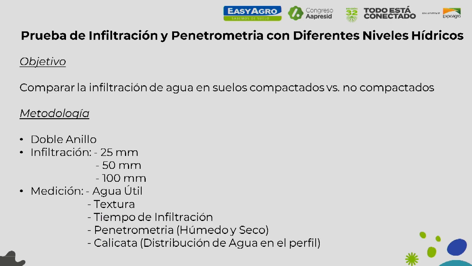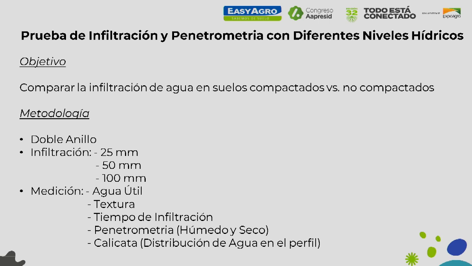I will show you different experiments we have been doing, different tests to determine the impact of compaction in water infiltration, resistance of the soil as measured with penetrometry, and we have measured the penetration of water in compacted versus non-compacted soils. We have done a double ring methodology with infiltrations at 25 millimeters, 50 and 100 millimeters.